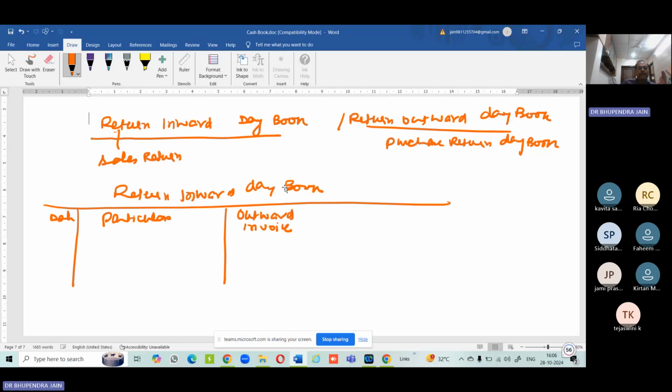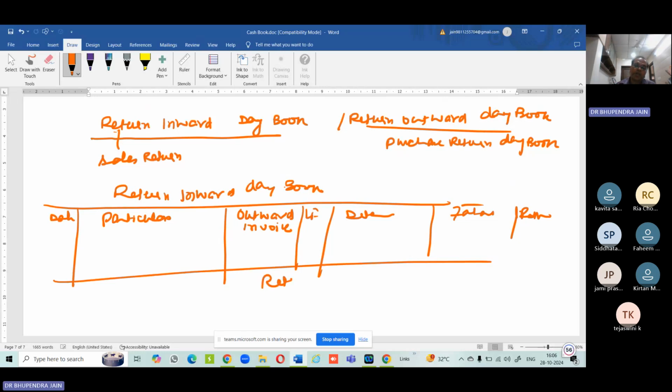Now at the time of return inward, we have to prepare the outward invoice. So enter here the outward invoice. After that, beta, the same LF number comes, then details and then total, and then in the return outward book.